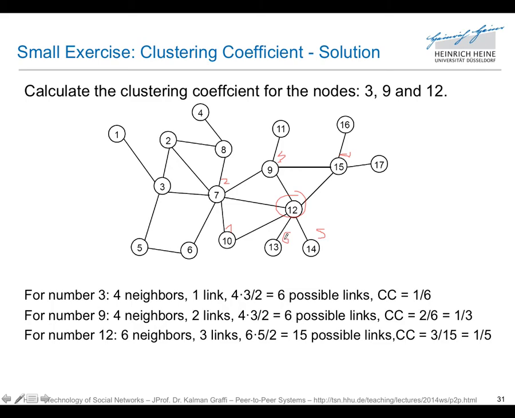So that's why we have to divide it by 2. So it's always k times k minus 1 divided by 2. And then we calculate, okay, how many links are there between them? This is the 1, this is 2, and this is 3. So that's why here comes 3.